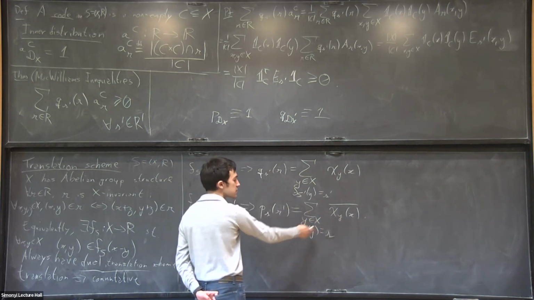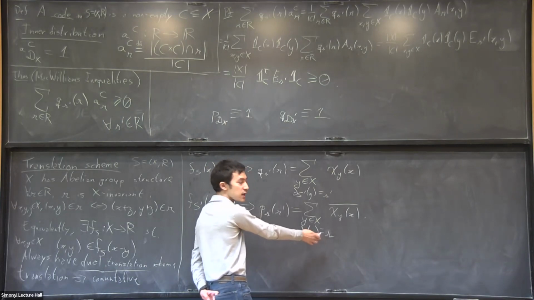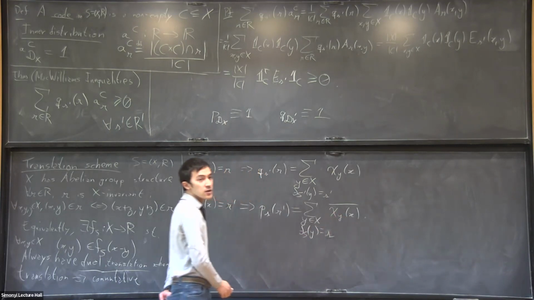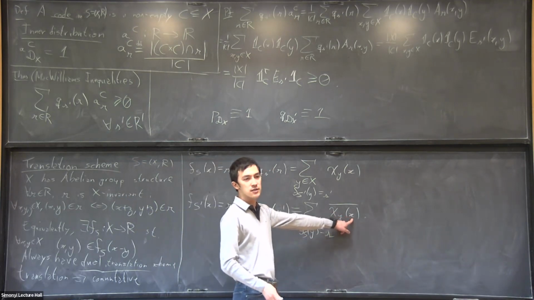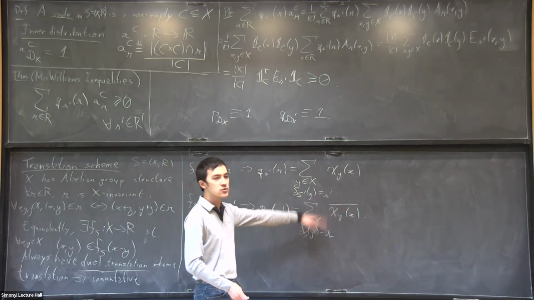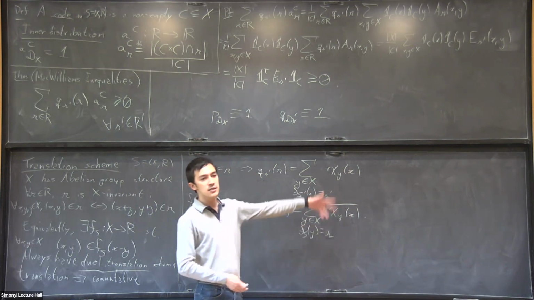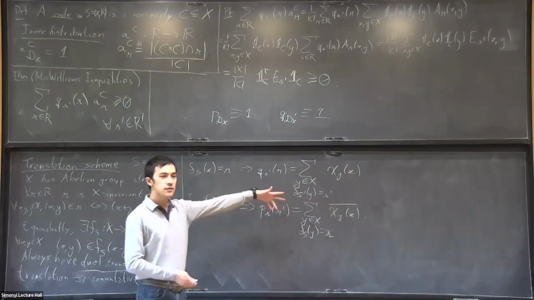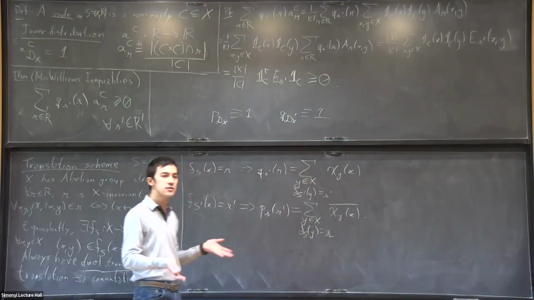I just take the sum over all code words on the primal scheme that have relation S, and I do this. So now I have a bunch of functions, each of them given by a certain X. Once I fix X, I have this quantity. So what I'm going to do is look at the level sets that these functions over X define.